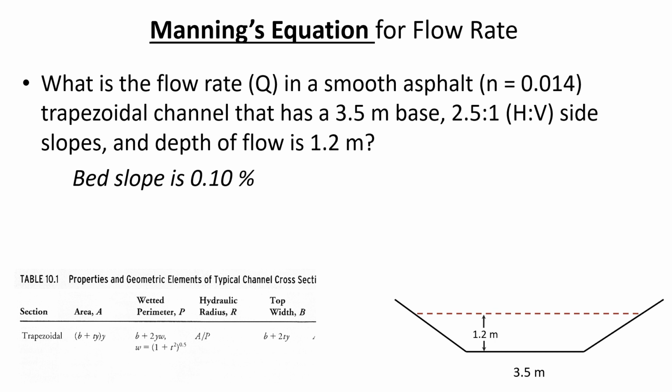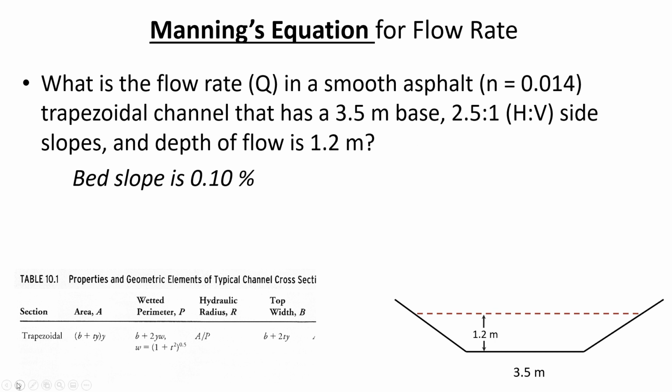The slope of the channel is 0.001. And our n value, 0.014. And T, the way it works with these side slopes is it is 1 to T. Vertical is 1, T is the horizontal component. So T is 2.5 in these formulas.